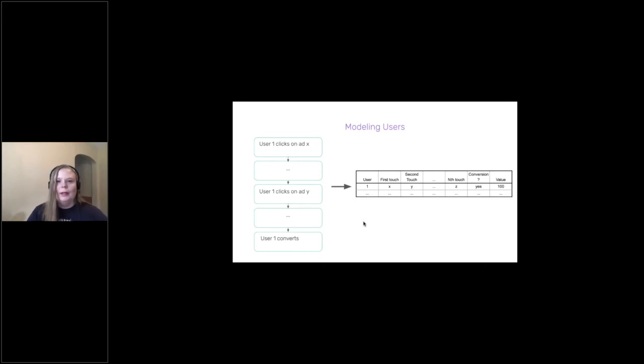Many approaches require the format shown here, where we aggregate the continuous stream of user activity from a first marketing touch forwards, including any details about any subsequent marketing touches and conversion events that took place. Once the data has been aggregated, as you can see here, it's pretty straightforward to, one, measure the impact of a marketing channel on the likelihood that a user converts.